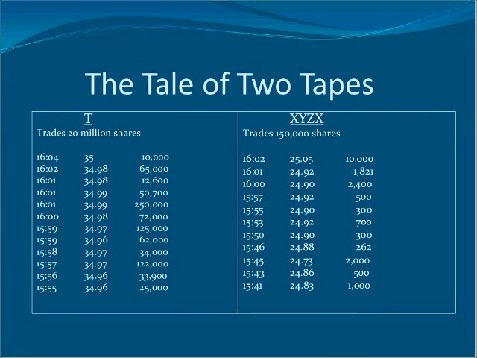As you can see in the example on the left, a 10,000 share print in a stock that trades 20 million shares, 2 cents above the last trade, because this took place at 35 versus the last trade at 34.98, we wouldn't really find this to be all that suspicious.